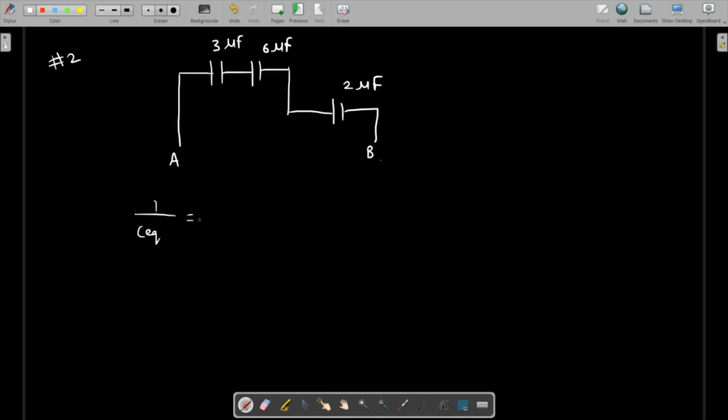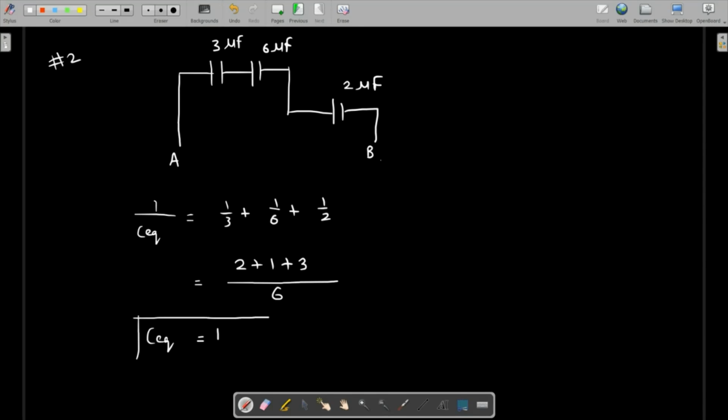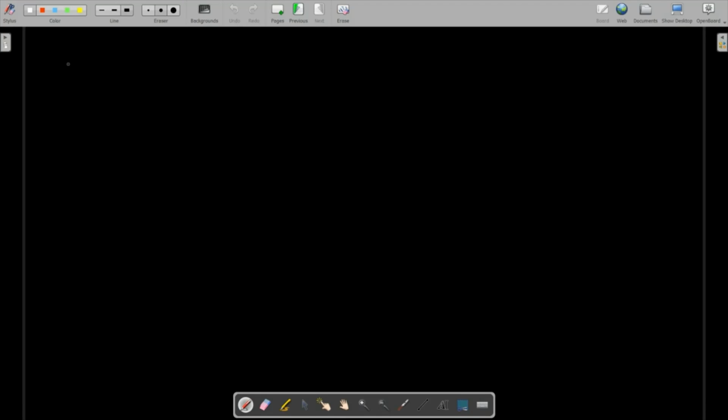So 1 over C equivalent is going to be 1 over 3 plus 1 over 6 plus 1 over 2. The common LCM is 6. This is going to be 2 plus 1 plus 3 over 6, which is 6 over 6, which is just 1. So if 1 over C is 1, it means that C equivalent is also 1. The unit is microfarad.